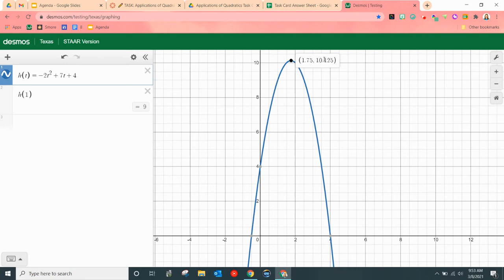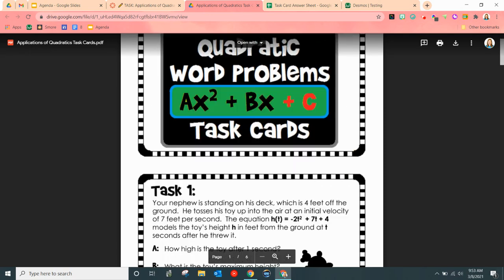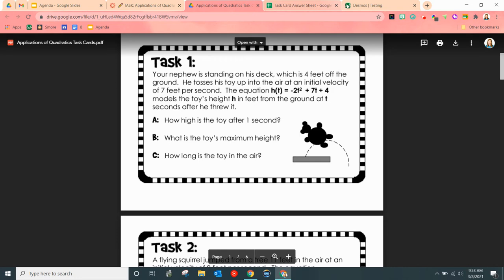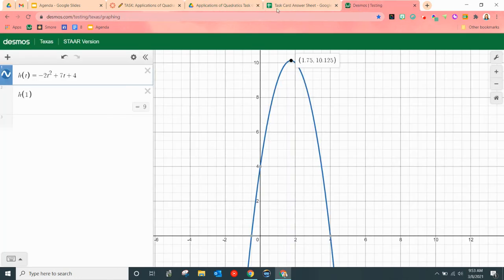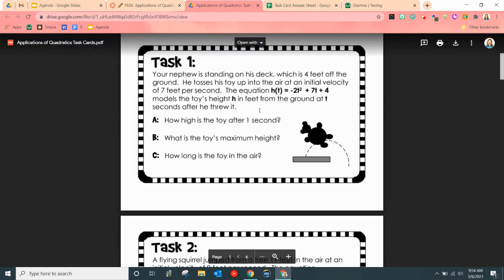It was 10 feet off the ground, 10.125. You can round your answer if you want to a couple of decimal places, or you could just put the 10.125 in. It should say it's right either way. So its maximum height was about 10 feet off the ground.